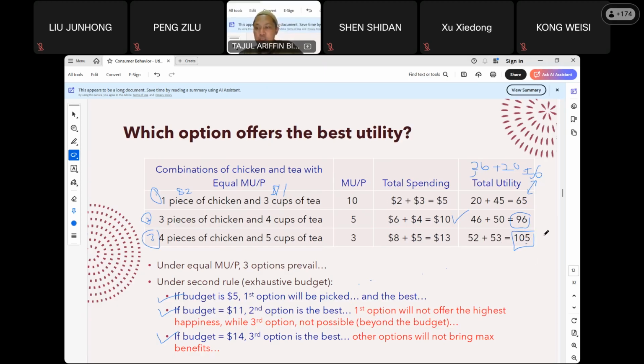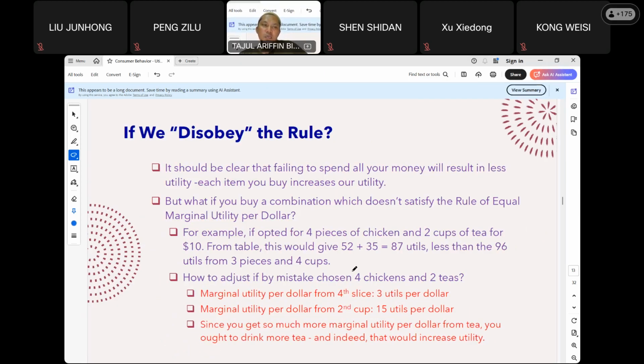Okay, so this one. Now, if we disobey the rule, I mean mu over p, you just pick any combination that doesn't bring mu over p the same, for both, or if you have more than that.